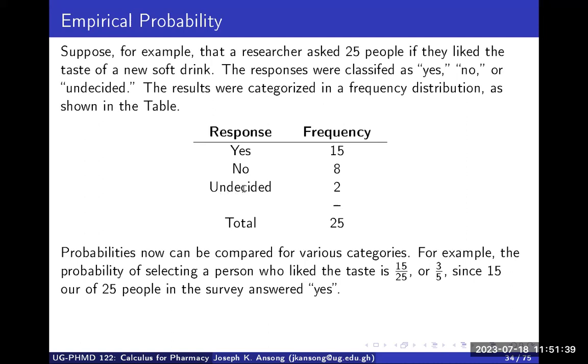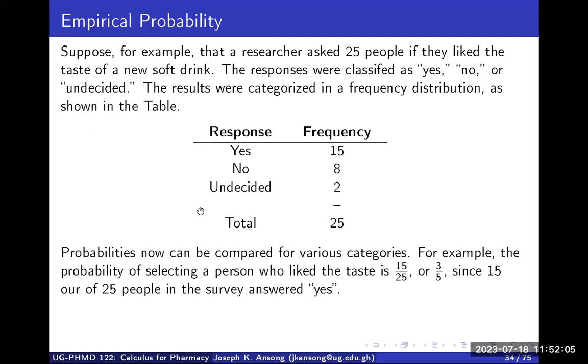These are the results: 15 people said yes, 8 people said no, and 2 were undecided. If you add them, you have the 25 people. Out of these frequencies, you can find the probability of those who said yes, the probability of those who said no, and the probability of those who were undecided.